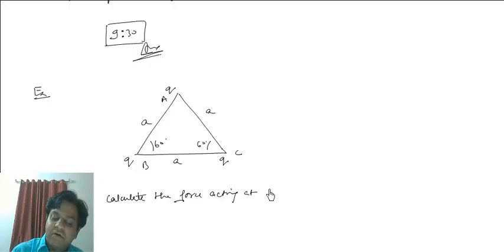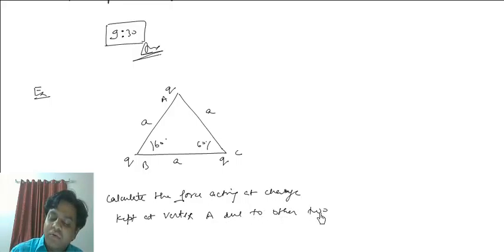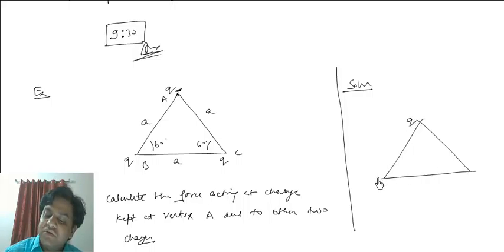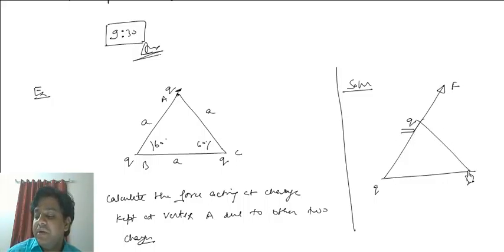acting on the charge kept at vertex A due to the other two charges. So I have to calculate the force acting on this Q charge due to the other two charges. I can easily see that this Q will be repelled by this Q in this direction. Let's say this force is F, and this Q will also be repelled by the other Q along this direction.